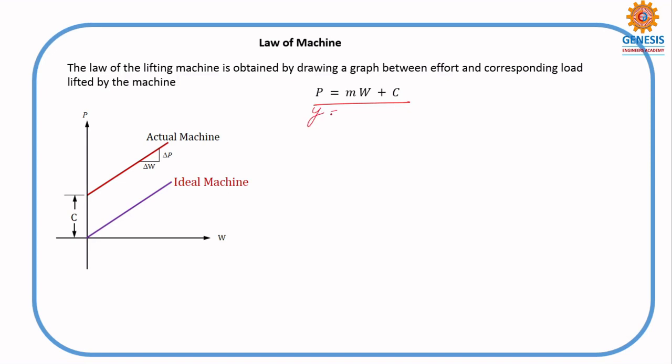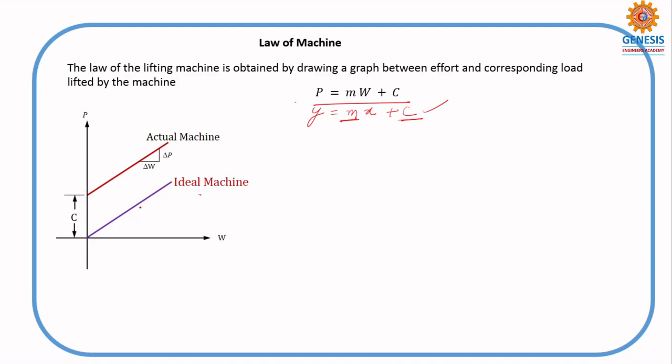So now the equation is this. On the y-axis, this is m, this is x, this is c. So it is a positive intercept. This is the slope of the equation, as per the straight lines. The actual machine will have this part, and the ideal machine this one. Why? Because in actual and ideal there is friction.